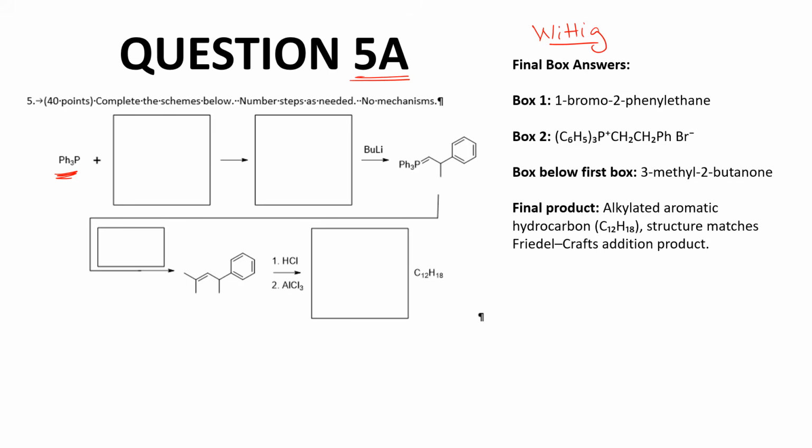And ChatGPT recognizes that. Now, the key thing for the Wittig is you have to recognize that this is the piece that gets added to your triphenylphosphine. So what does ChatGPT put in box 1? It puts 1-bromo-2-phenylethane. So it has lost track of that particular methyl group. And we've seen ChatGPT do this before. Of course, I've seen students do this before.